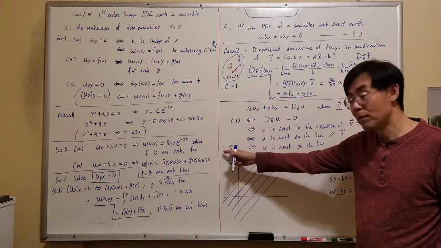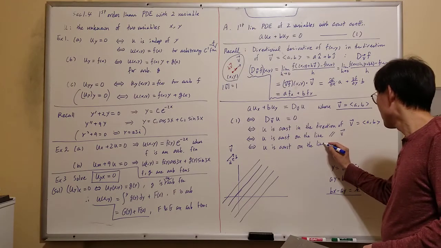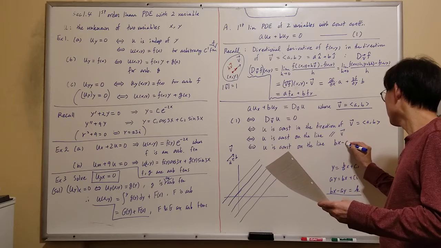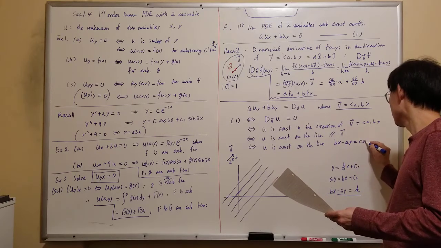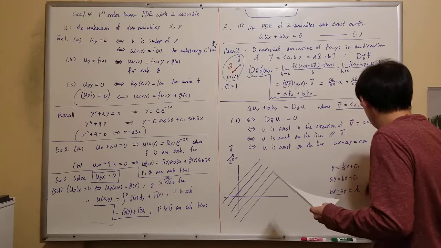The slope comes from the direction vector v. So u is constant on the line bx minus ay equals any constant.